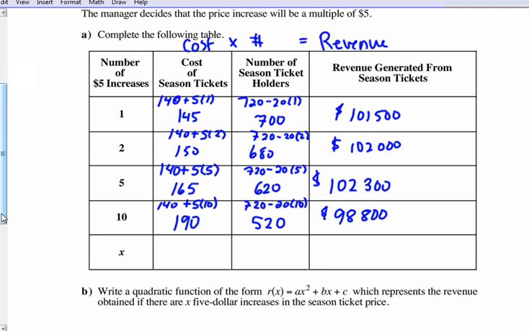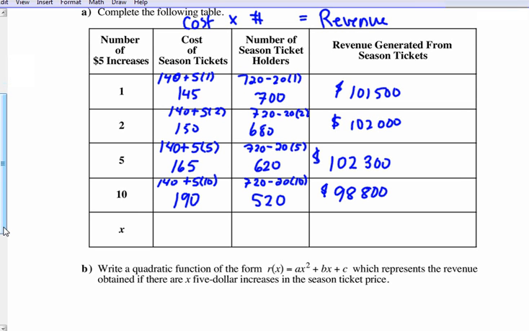So our maximum profit is going to be somewhere between 5 and 10 increments. We could keep going and use this guess and check mentality. We can also solve it algebraically. So if we had x increases, how would you represent that for your cost? 140 plus 5x. $5 times x amount of increases. And how would we represent the total number of people who'd buy? 720 minus 20x. 20 people per increment we lose.